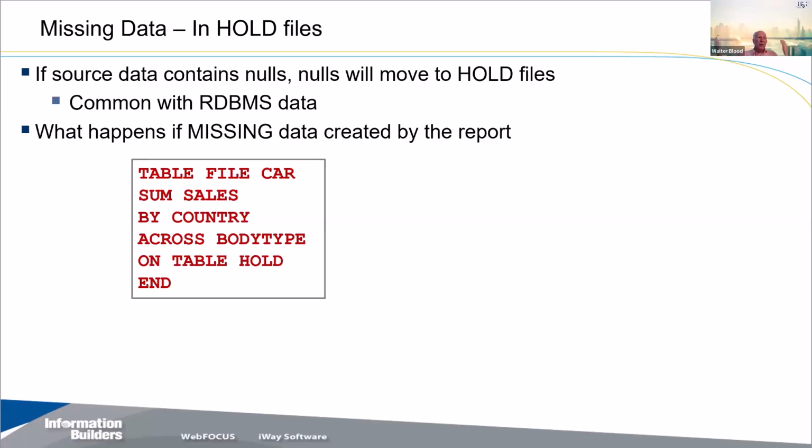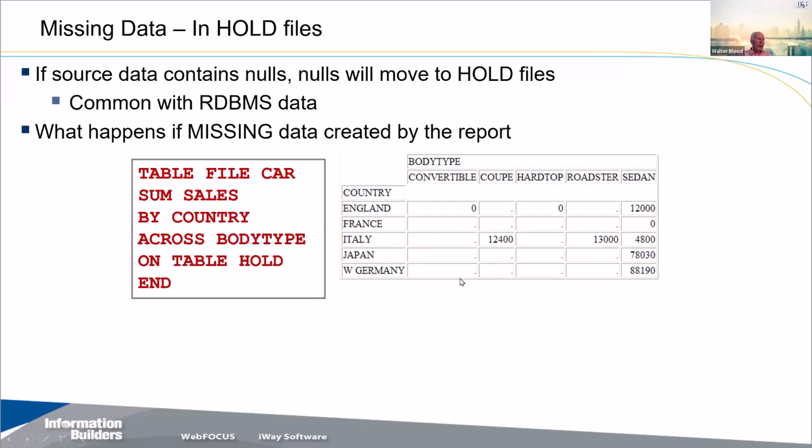Nulls can move to hold files in some cases, all right? And if I create a report doing this, let's take a look at what happens. I've got a by country and an across body type. As soon as I use an across and I hold this, I've got data values in here, pairs, that are structurally missing, but it's not that the data was missing.